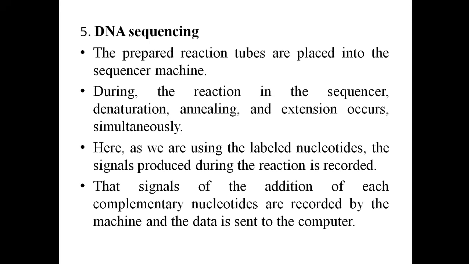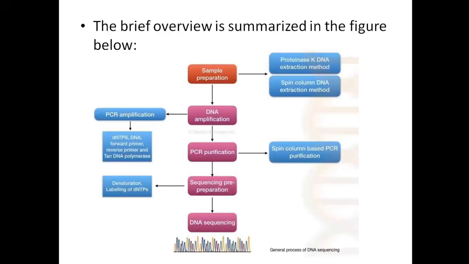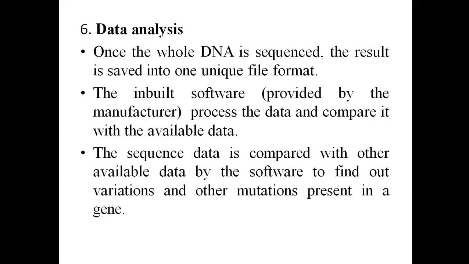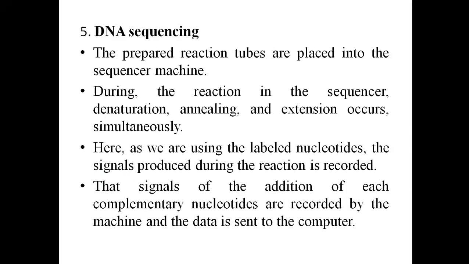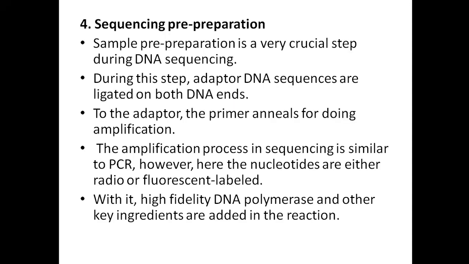So you have the amplified DNA with the adapters added, and with that you add the primers, the DNA polymerase and the other key ingredients needed for the chain extension process.